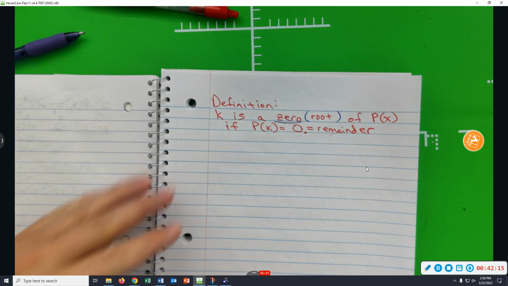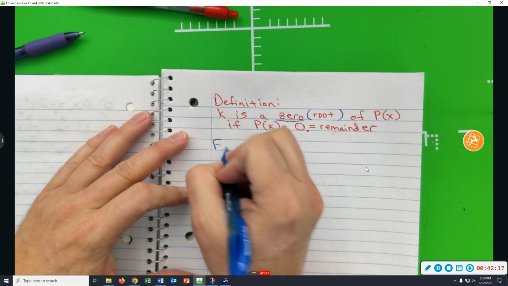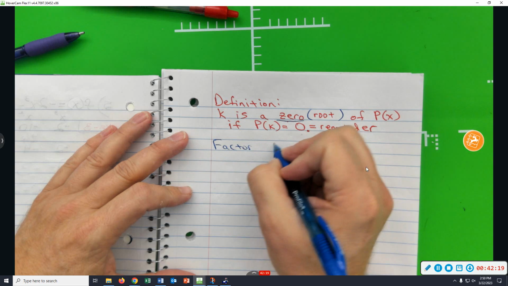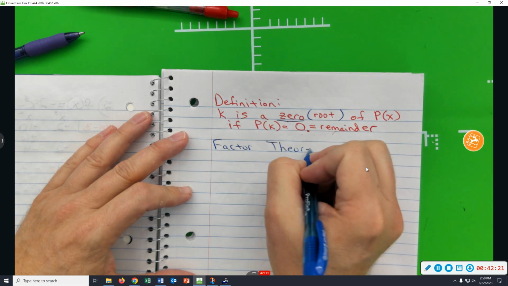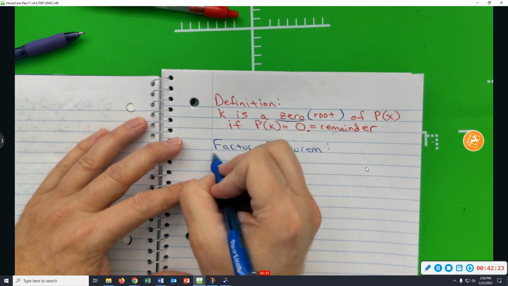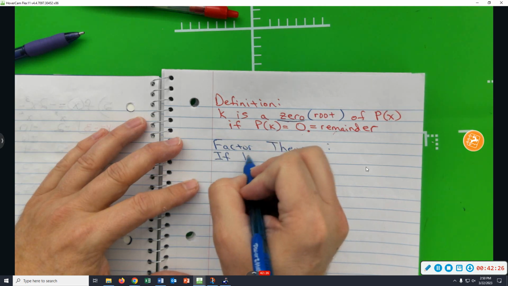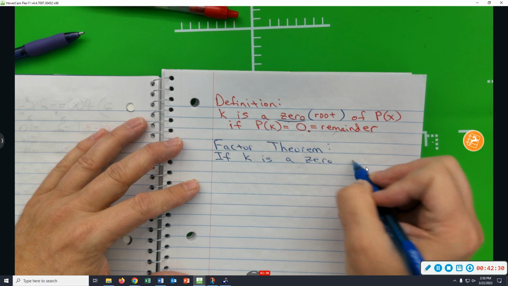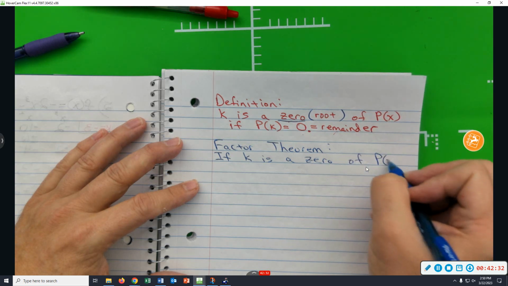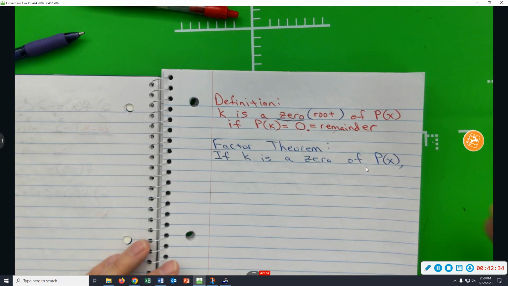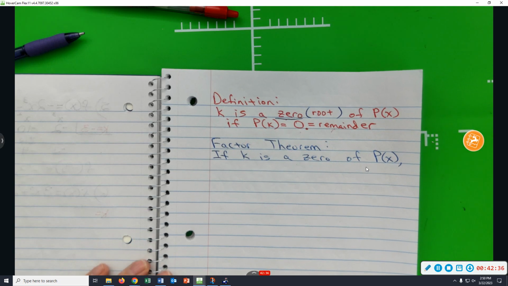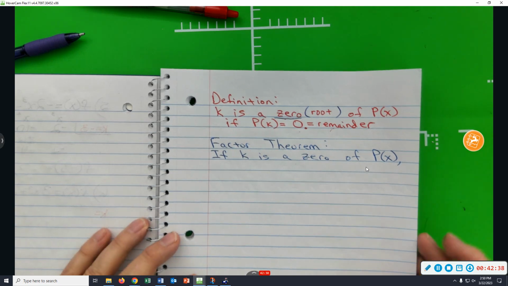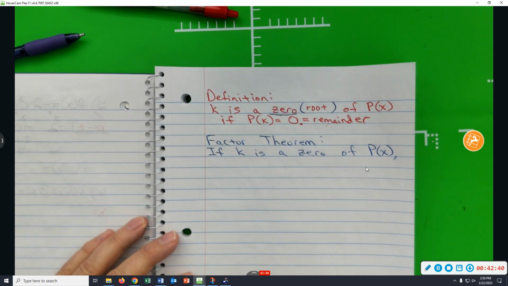Now this is important. The factor theorem. If k is a 0 of the polynomial function p of x, I'm using a p of x rather than an f of x. I could just use an f of x, but I'm using a p of x, p for polynomial.